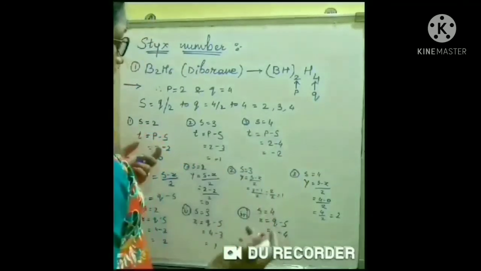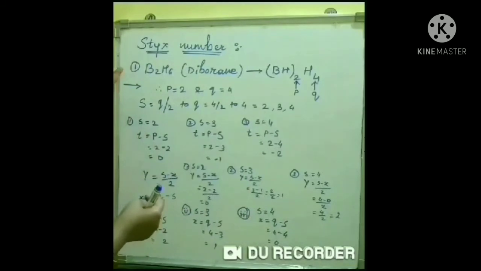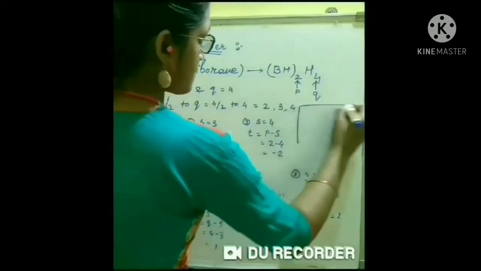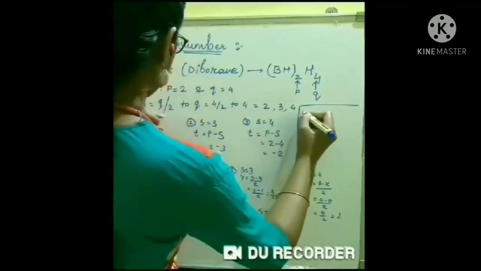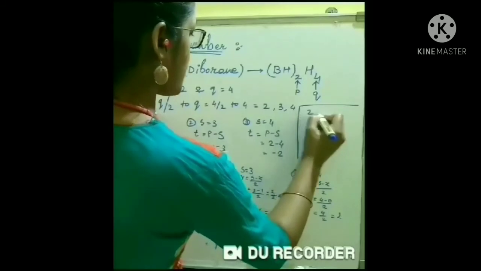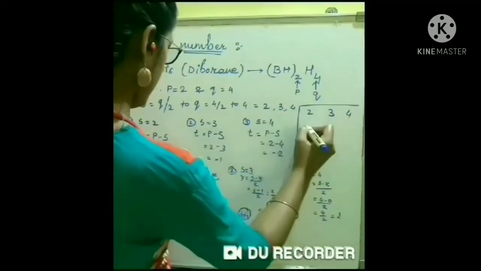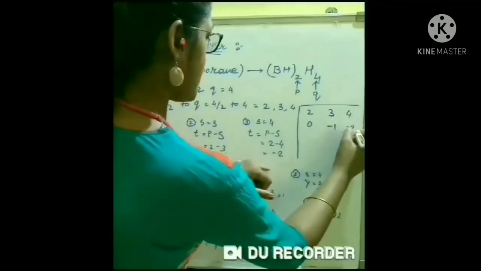So there are three different possibilities for the styx number. What are they? Just write them down in the corner. Value of S is 2, 3, 4. Then the values of T are 0, minus 1, minus 2.